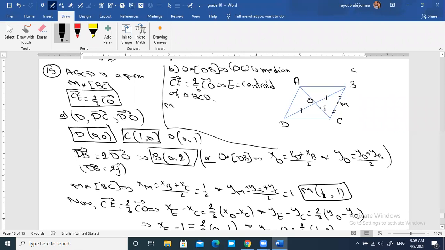But M is the midpoint of BC. This means that DM is a median in triangle DCB. It means that E belongs to DM, since the centroid belongs to the medians. Therefore, D, E, and M are collinear. Okay?